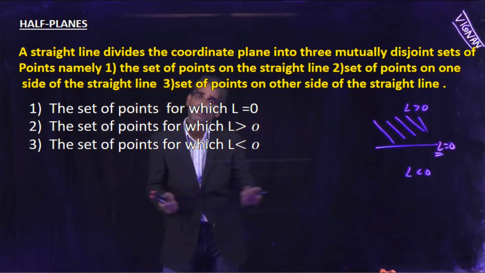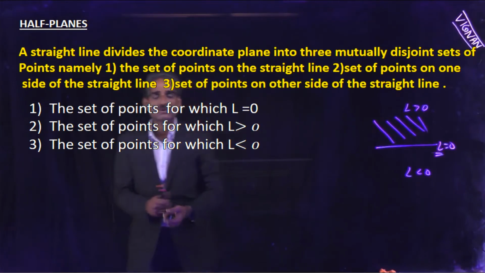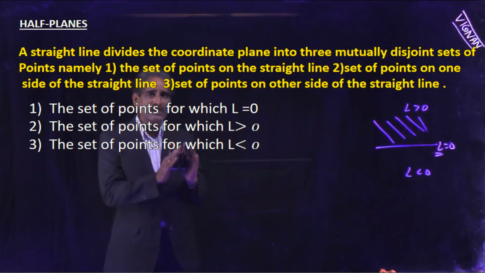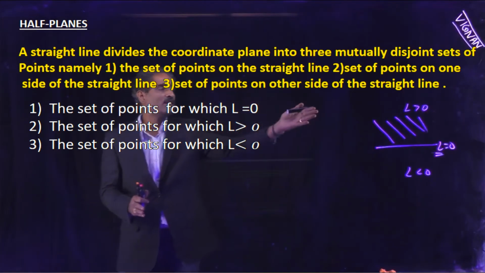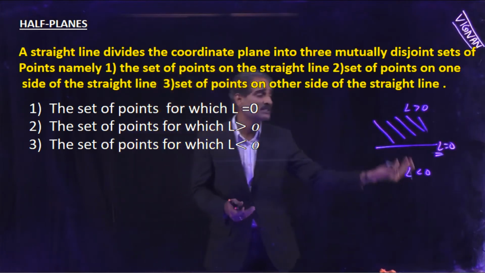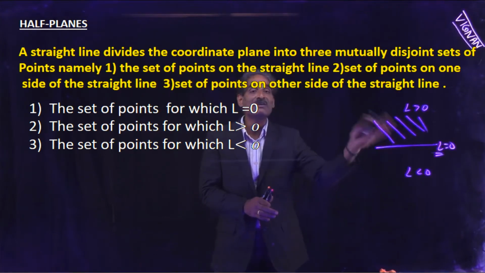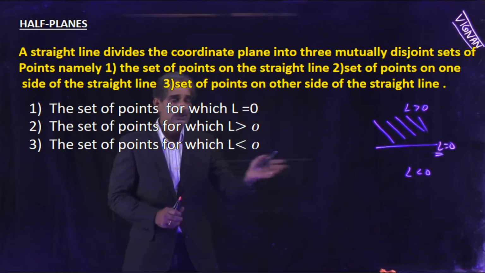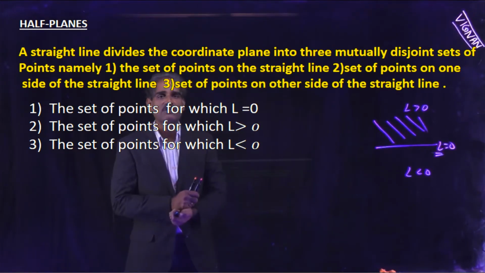Next, the set of points for which L is greater than 0 and the set for which L is less than 0: in both cases the points are not on the line. One set lies on the upper side of the line, and the other lies on the down side. This is how a line divides the plane into three sets of points. With the help of this condition, we can find the position of a point with respect to a line.